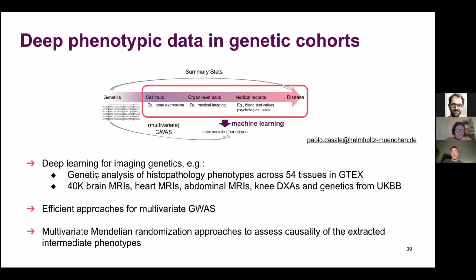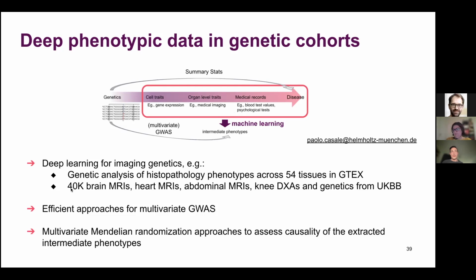For example, we have a project running on genetic analysis of histopathology phenotypes. This is in GTEx, where we have histology, expression, and genetics across 54 different tissues. We're trying an unsupervised approach to learn histological phenotypes from variation between biopsies and linking it to genetics.